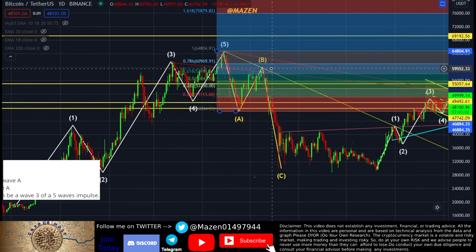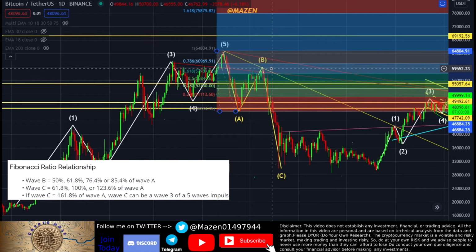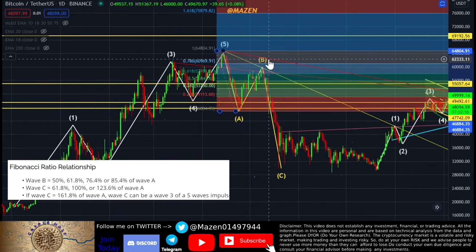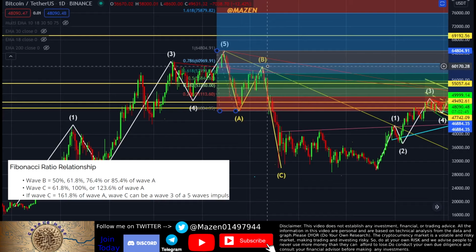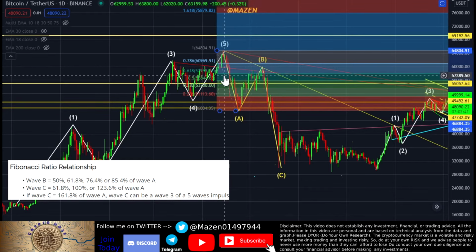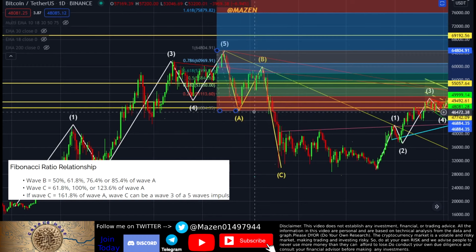And if you follow Elliott waves and you have studied this, then you know that wave B is between 0.5 to 0.85 of wave A. So it could take us all the way up to this area right here, but it didn't. Unluckily for us, it took us only to around the 70% region, so between our golden fib and our 0.786 fib, after then dumping back to the abyss to $30,000.